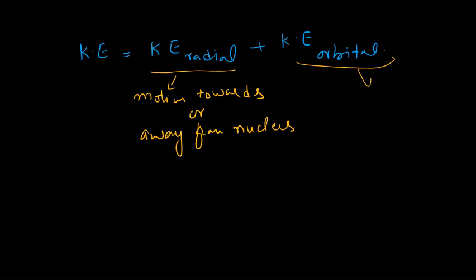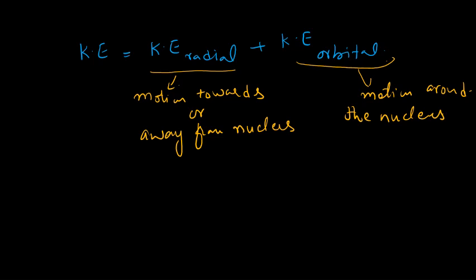The orbital part of kinetic energy represents the motion around the nucleus. So these are the two contributions towards the kinetic energy of the electron.